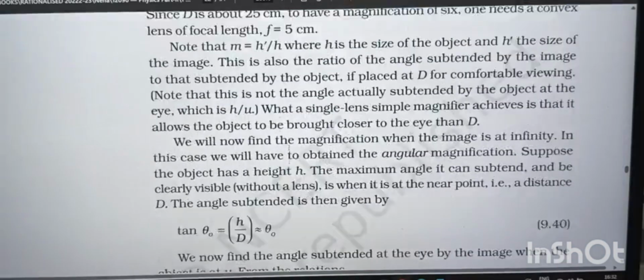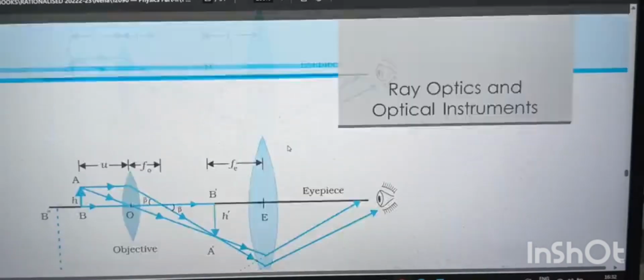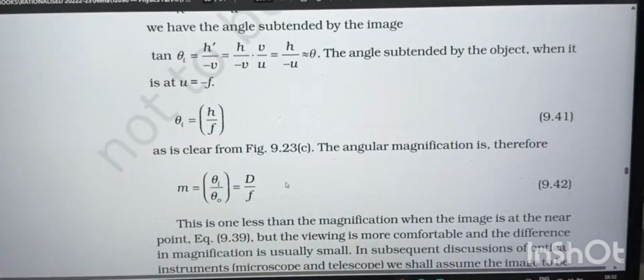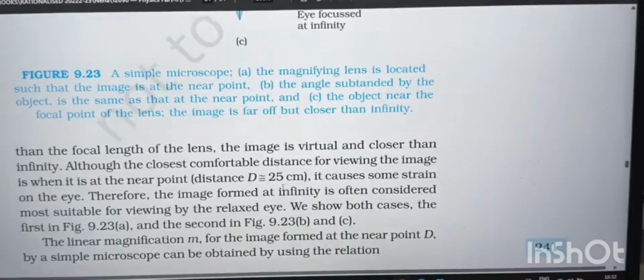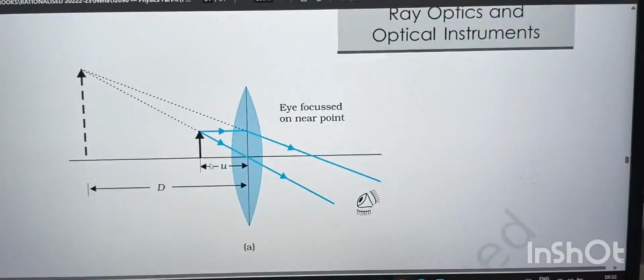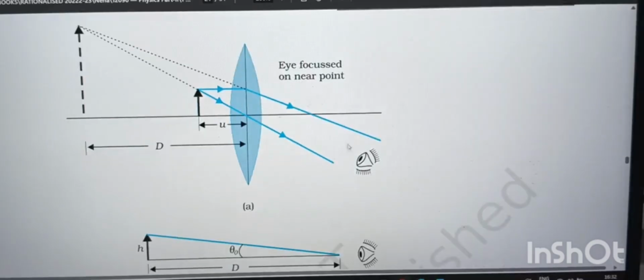Now, what are we going to derive here? We are going to derive the magnification, because that is the main thing. We want to magnify whatever object we are viewing, to see it properly. See these images. In the first scenario, the object is not at the principal focus, it's somewhere a little nearby, so the image forms on the left side. Again, for a lens, if it forms the image on the left side, it is virtual. It will be magnified to some extent, and you will be able to see it at the near point, the least distance of distinct vision, basically 25 centimeters or farther.